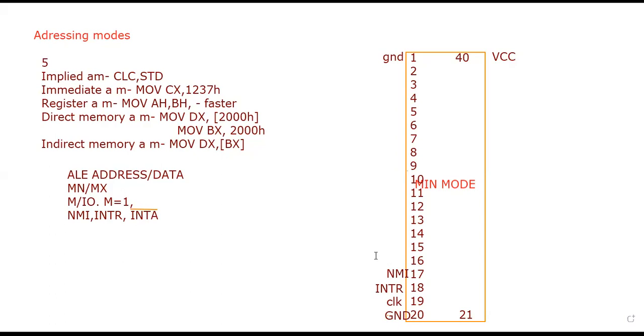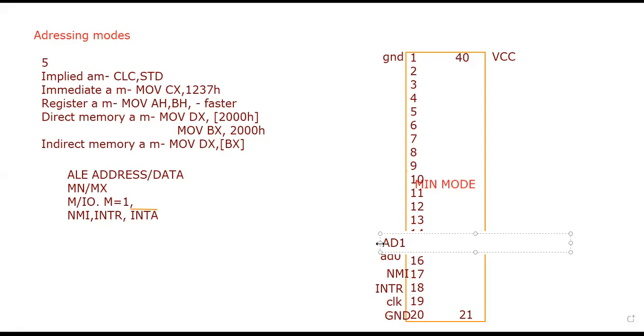AD0. It is AD0. Then next is AD1. So it will work as address bus, or you can write like this, address AD1. Fine.